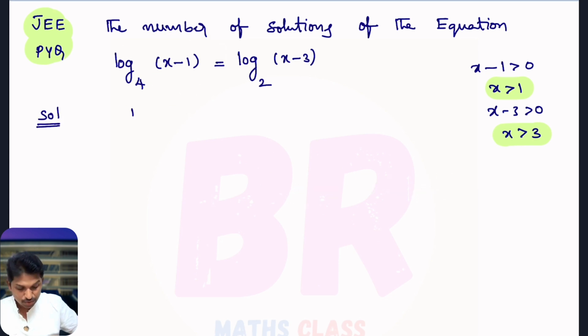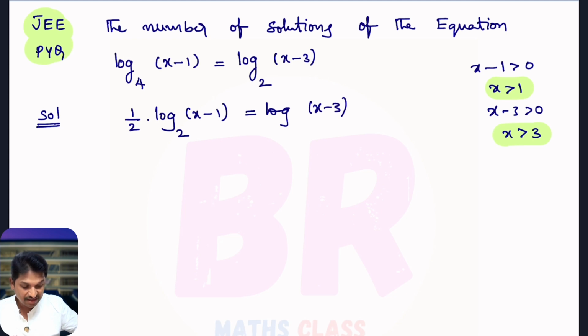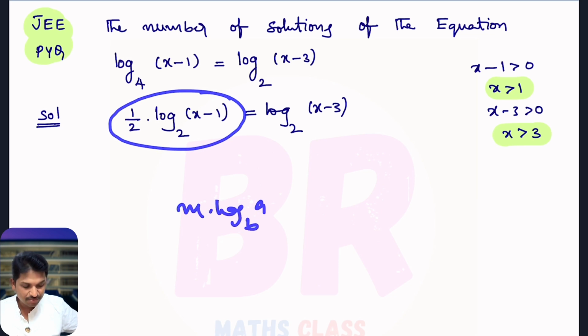So 1 by 2 into logarithm of x minus 1 base 2 equal to logarithm of x minus 3 base 2. Now you observe this part. This is of the form m into log a base b. M into log a base b is what? Logarithm of a power m base b.